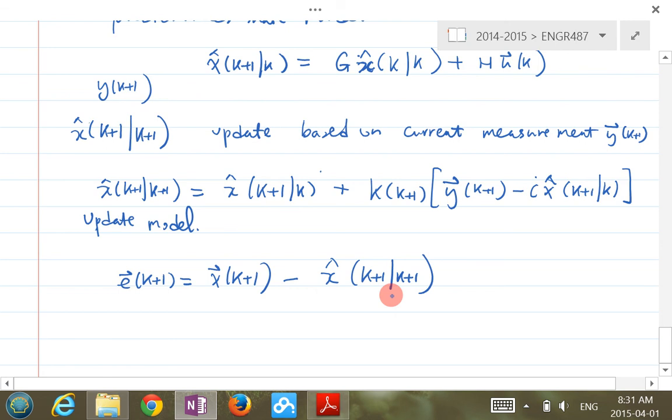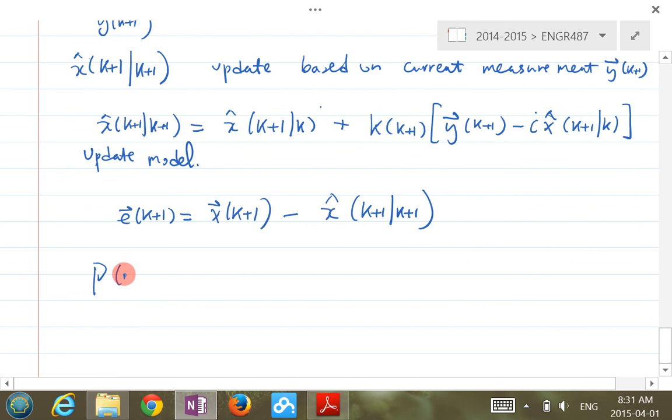Then your error covariance matrix P would be the expected value of E, like this.